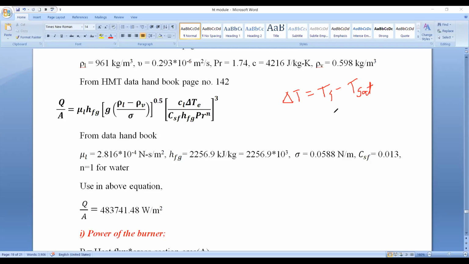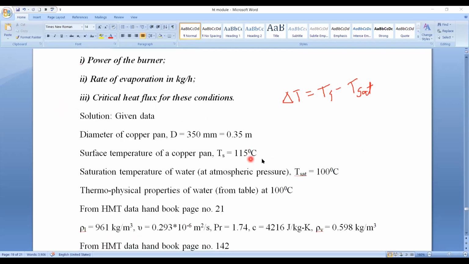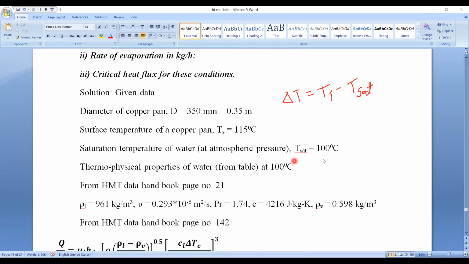Ts is given, that is 115 degrees centigrade, and Tsat is also known. In fact, it is not given, but the conditions are atmospheric, so the saturation temperature of water at atmospheric condition is 100 degrees centigrade.